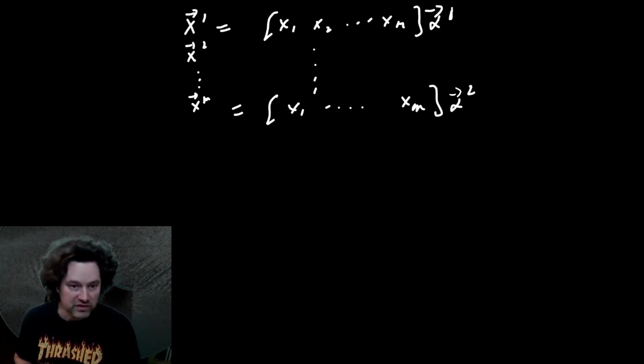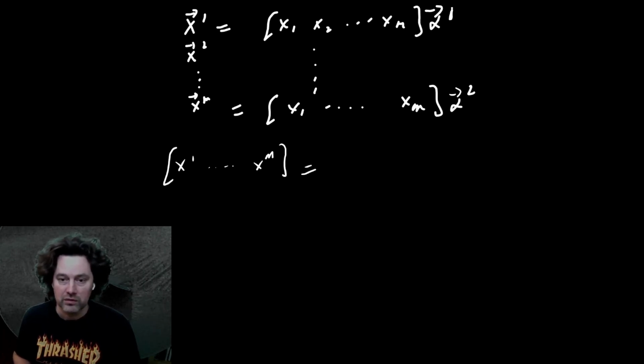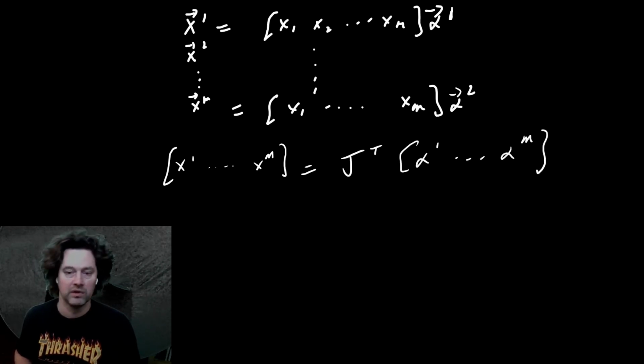And we can now put this into matrix form. So we can say that x1 to xm, all of our reciprocal frame vectors, equal J transposed times alpha 1 to alpha m.